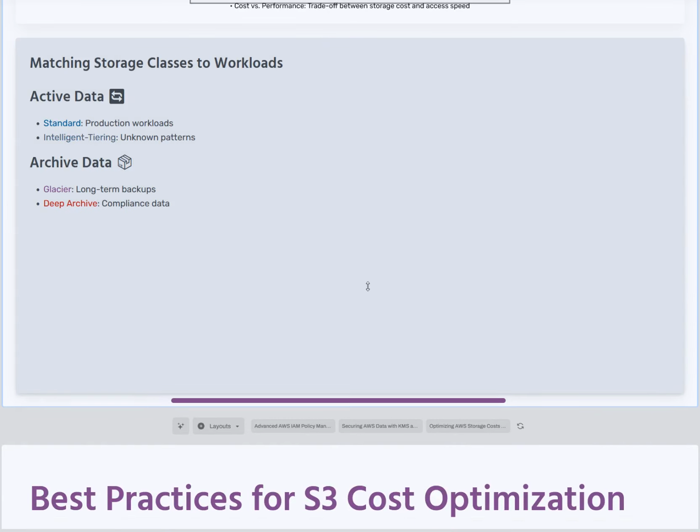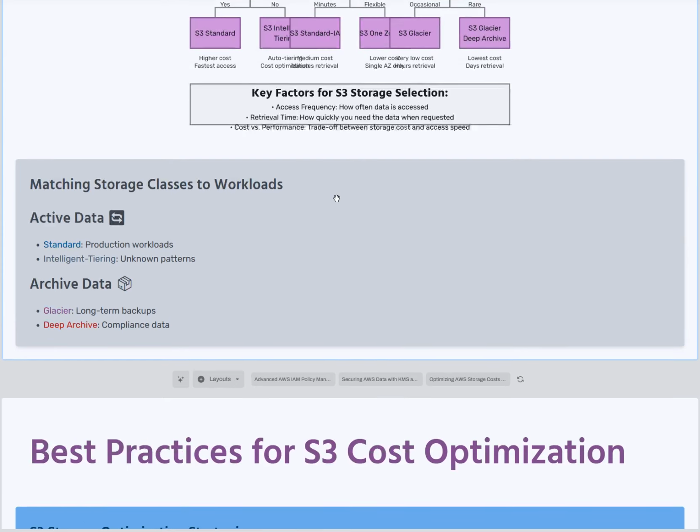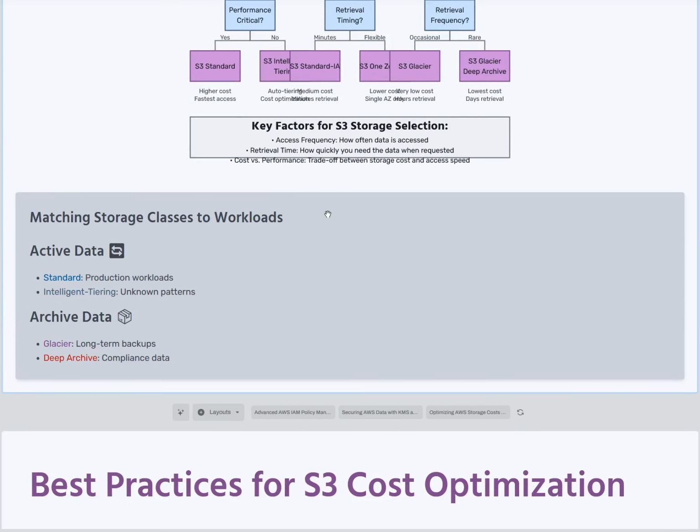Matching storage classes to workloads: for active data, production workloads, you use Standard. Intelligent-Tiering is for unknown patterns. Archive data goes to Glacier, for long-term backups or deep archives of compliance data. Normally, compliance data you're not going to use, but you have to keep for a certain period, maybe 7 years.